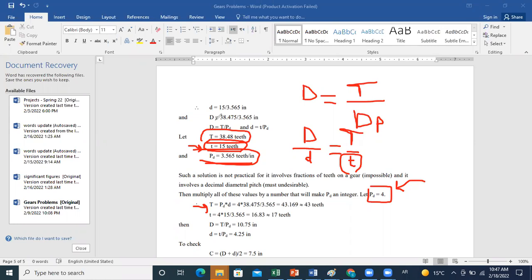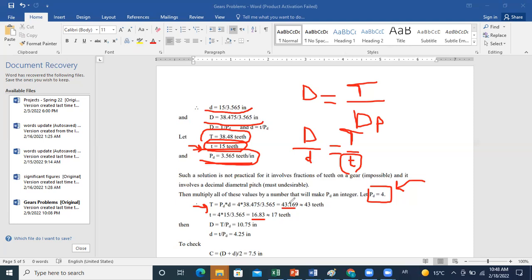I already calculated the diameter of my pinion and of my gear, so if I impose a certain value for PD, I can calculate the number of teeth. And as you can see, again I obtained non-integer values. So I will take the closest values as integers. Of course, I will not be able to reach exactly 720 RPM, but I'll be very close.